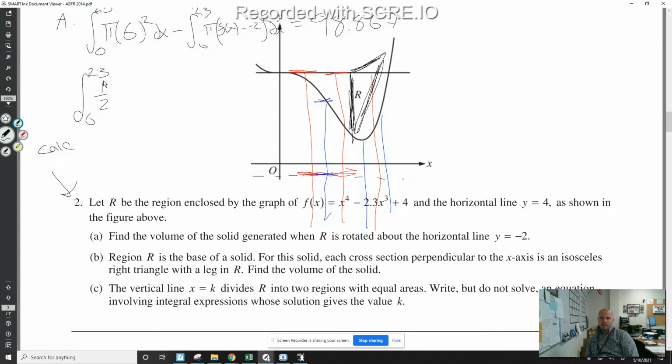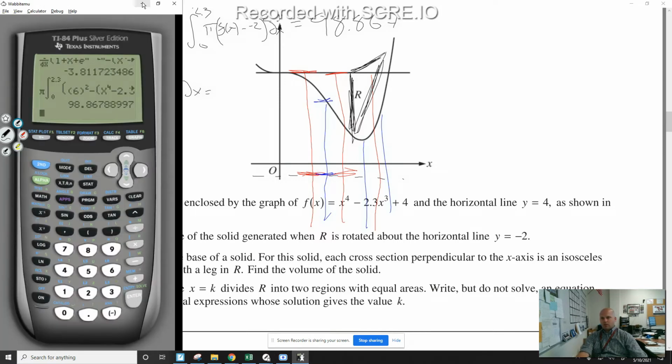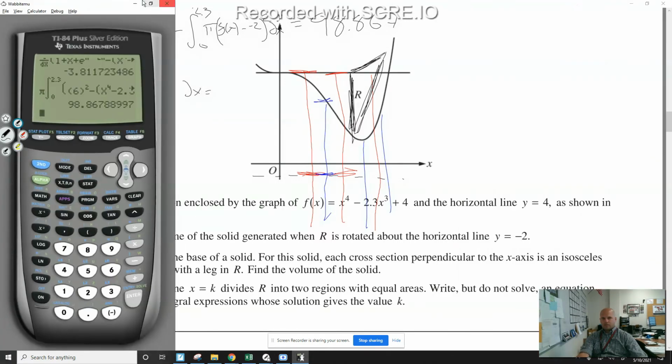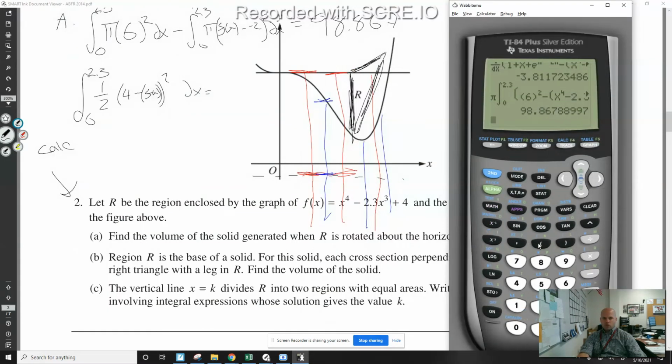In this case, I do use the area formula, and the base length is top minus bottom, 4 minus the function. You don't have to write down the equation. It just takes up too much space. Now, 4 minus the function squared is the same as the function minus 4. Just be careful. If you're going to do 4 minus the function, make sure you use parentheses when you're subtracting.